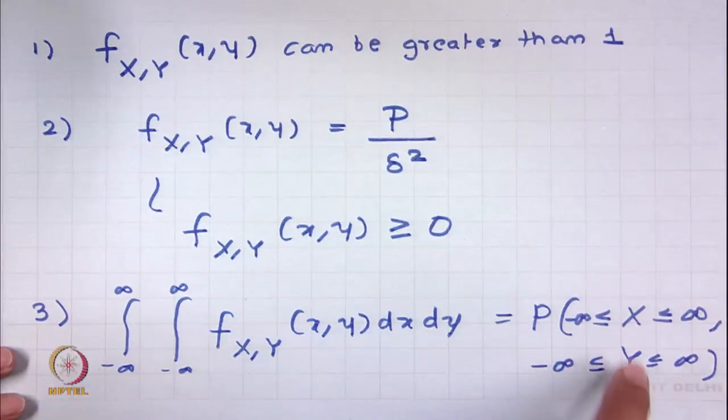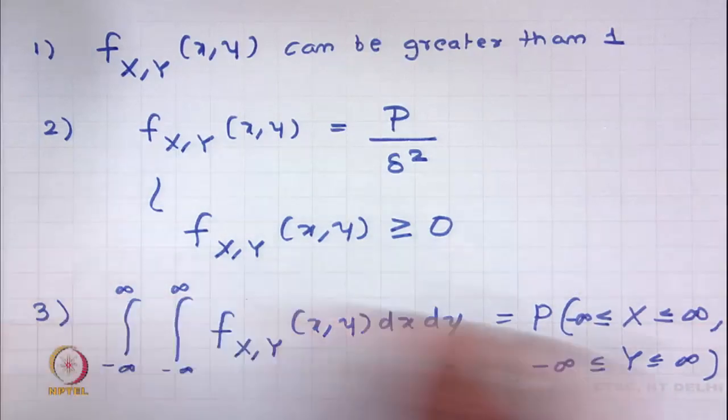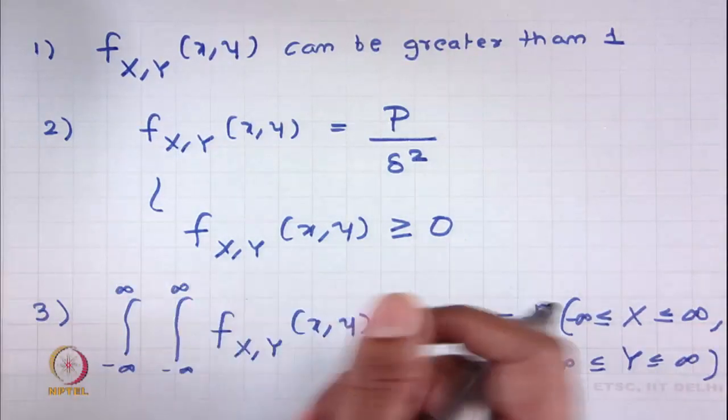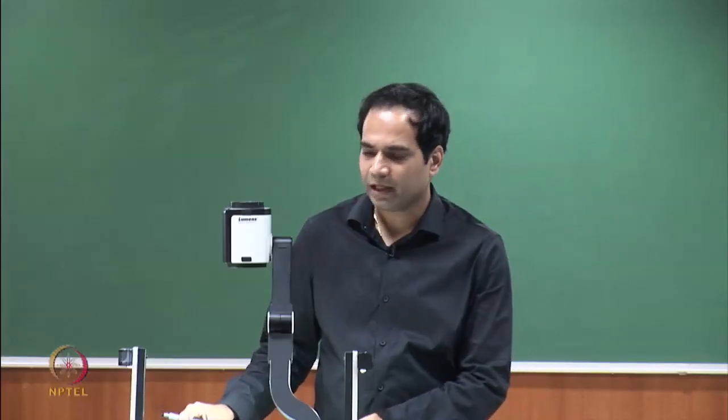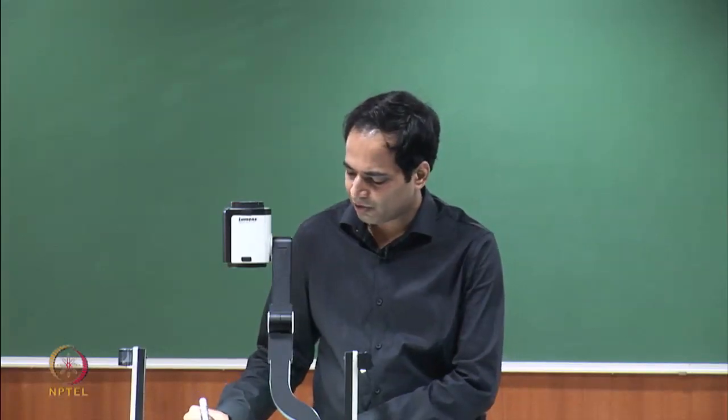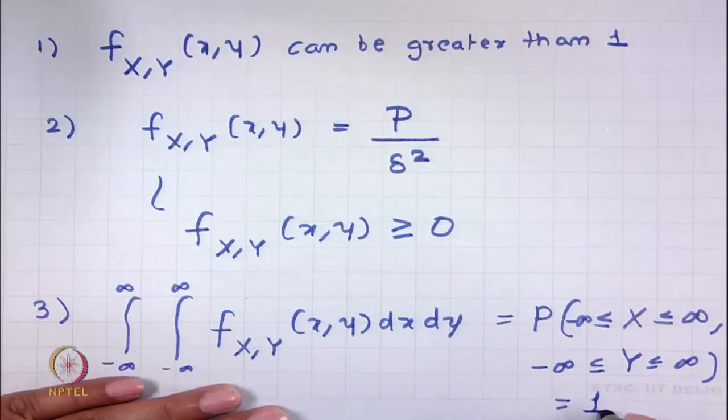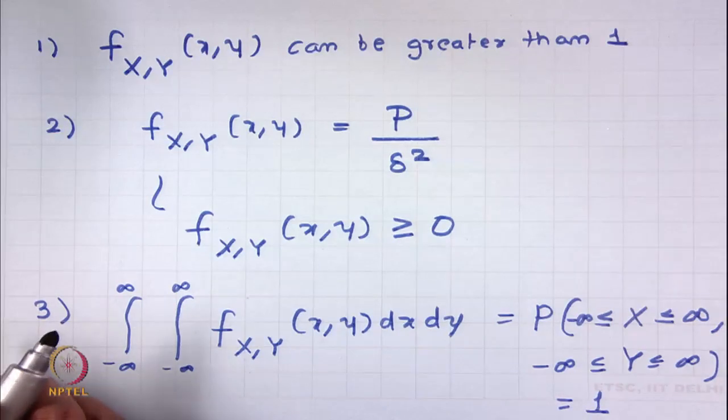And you know that this probability will be 1, because x will definitely lie between minus infinity and plus infinity, and y will also definitely lie between minus infinity and plus infinity.